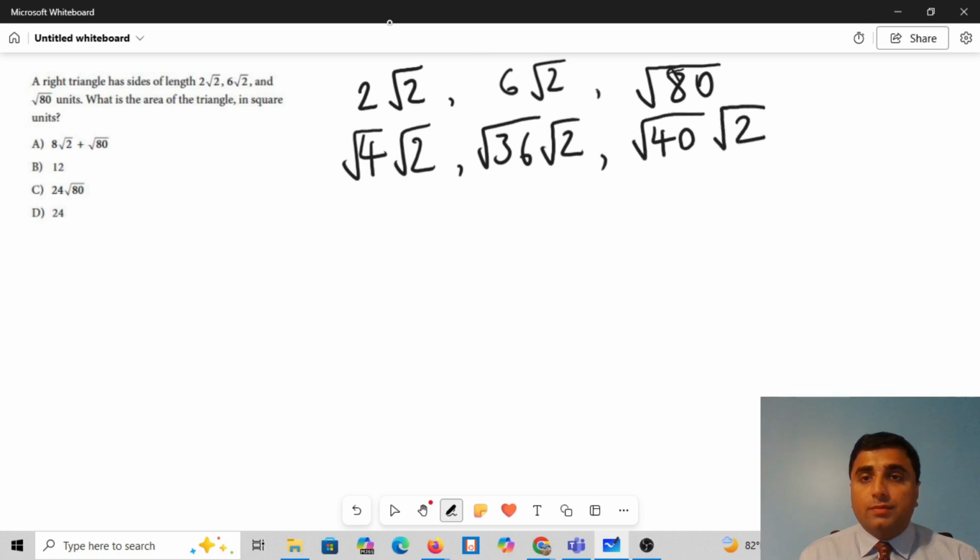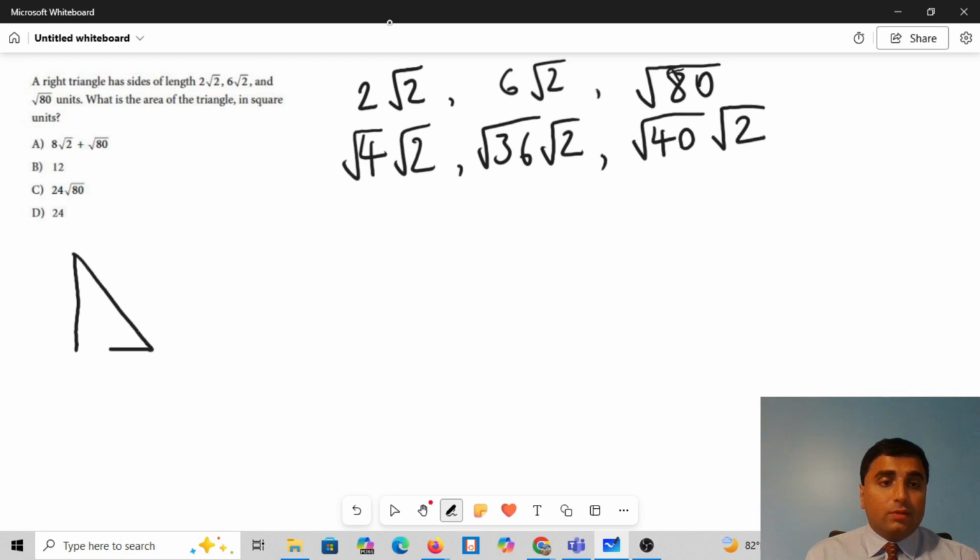So when we look at all these respective side lengths, we find out that the square root of 80 is the longest side, so therefore the square root of 80 is going to be the hypotenuse of the right triangle. So if we have this right triangle right here, with this being the right angle, then the hypotenuse, which is the longest length, is going to be square root of 80.